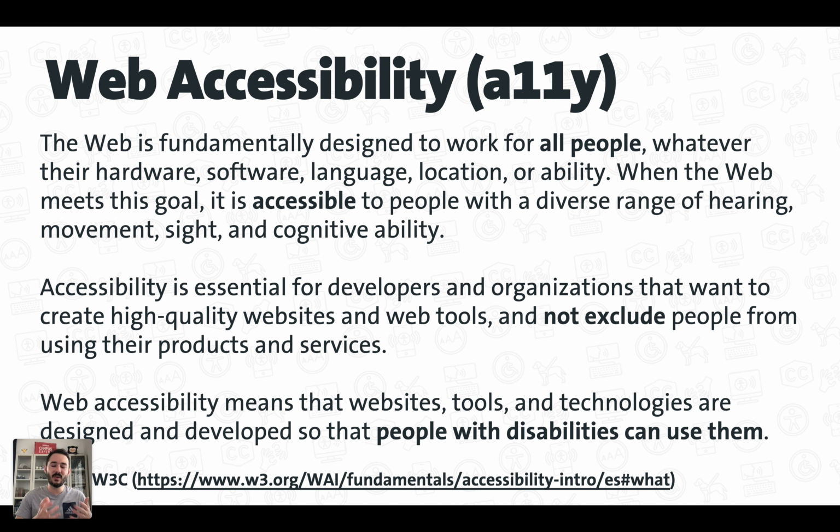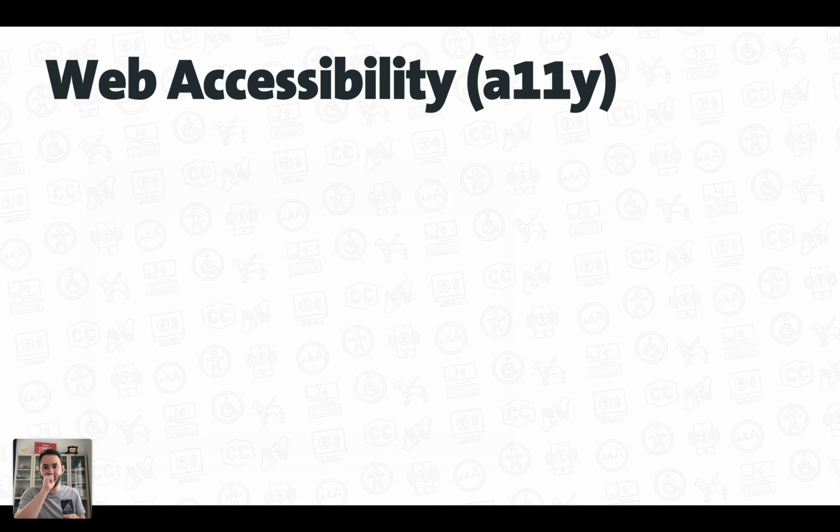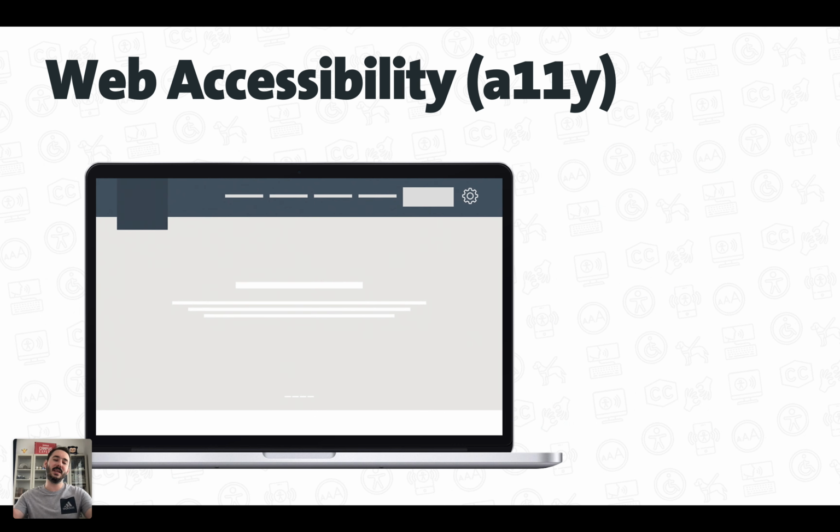So we need to have this in mind when we build our products. It doesn't matter if it's a website, a digital product, or an online platform. We need to design and develop it for everyone to use it.